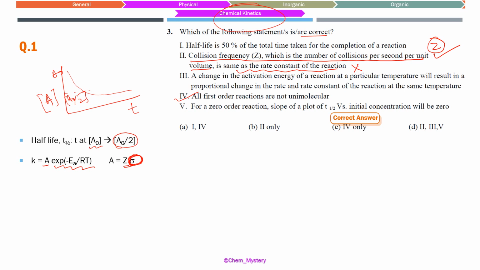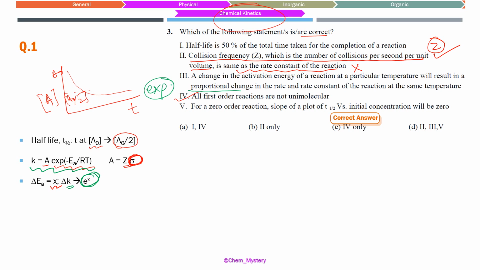If you remember the expression we just wrote, and we change the activation energy by some amount X, the rate constant will change by the exponent of X. So this is not a proportional change. This is an exponential change, and it is going to change in a much higher way. So that's also not the correct option.